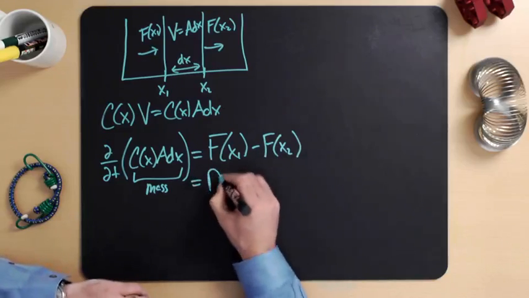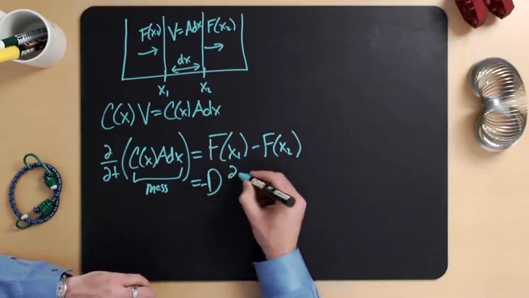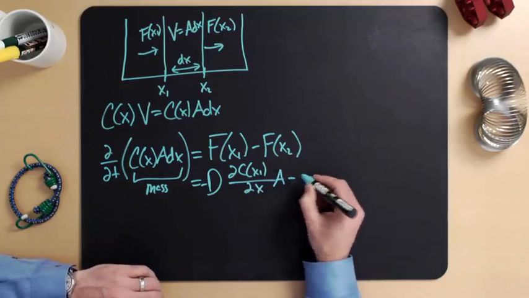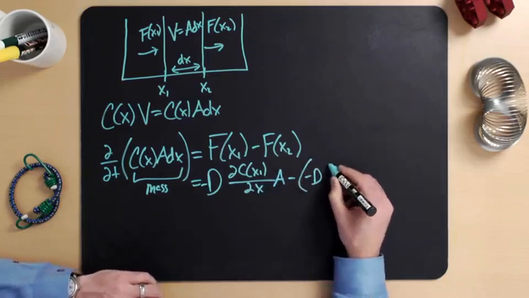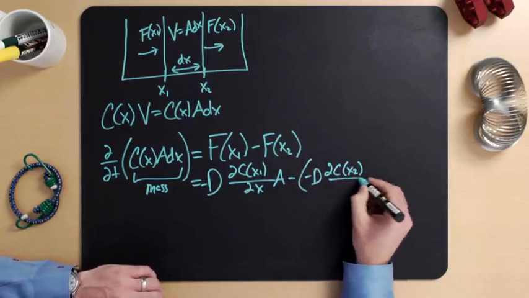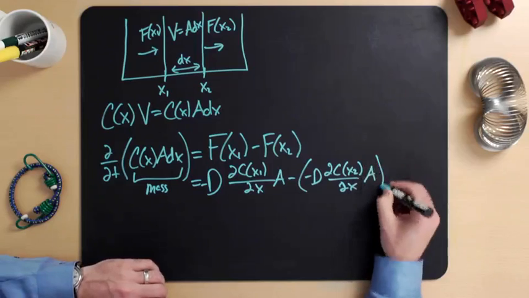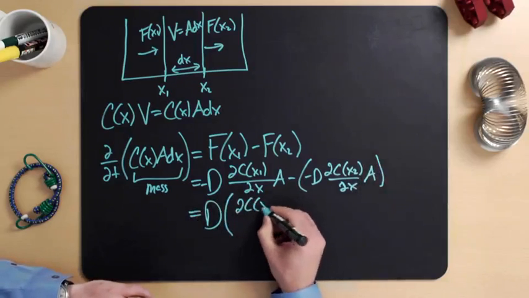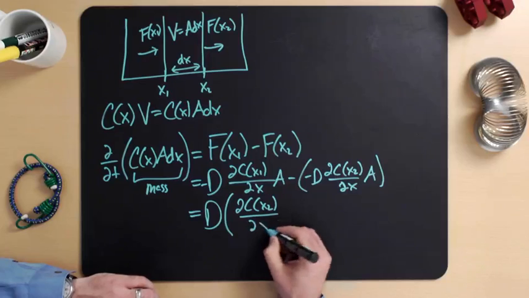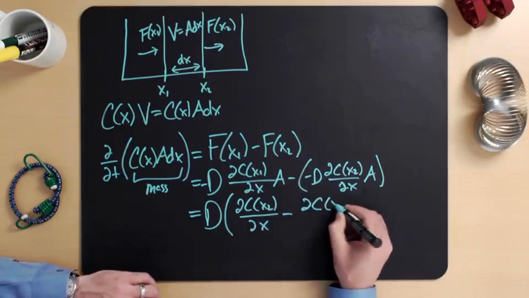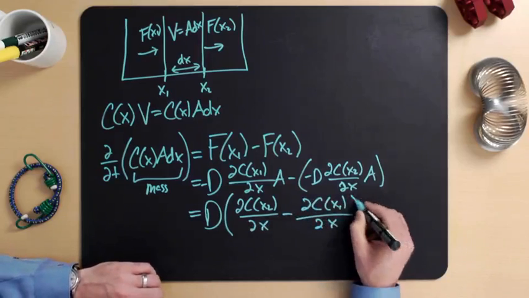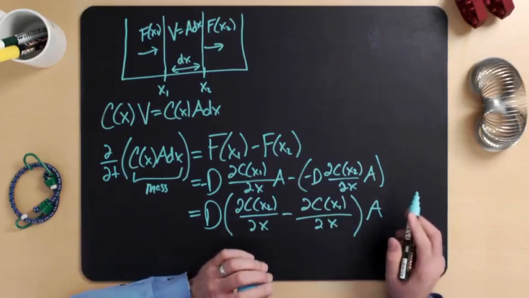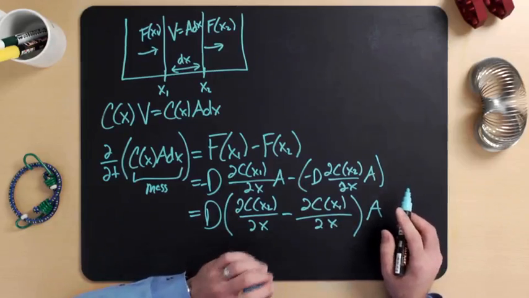Now that is equal to minus D times dC at x1 dx times A, minus minus D dC at x2 dx times A. And all of that is equal to D times dC at x2 dx minus dC at x1 dx, all times A. I have used the partial derivative notation for the derivative of C with respect to t and the derivative of C with respect to x.